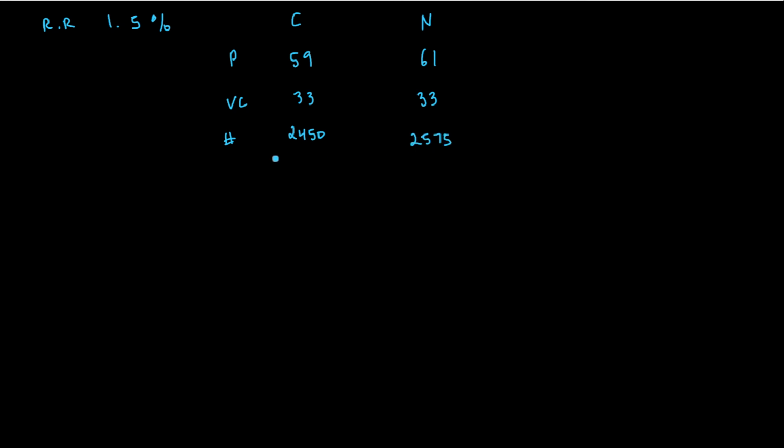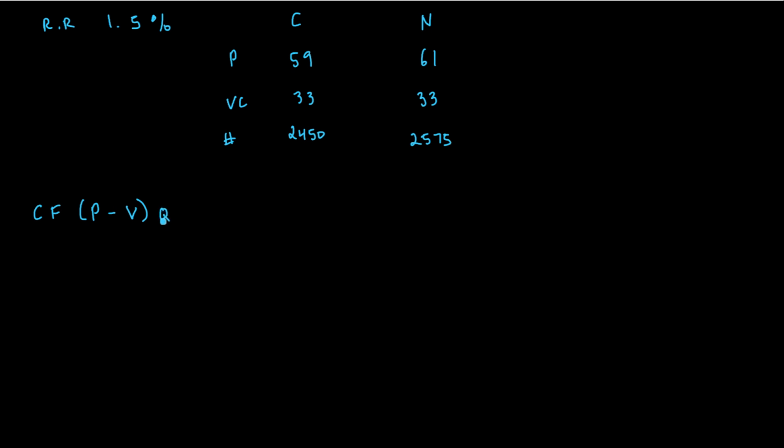So what we need to do is calculate the NPV of the decision to change the credit policy. So what we need to do is figure out the cash flow from either policy. To figure out the cash flow, we're going to take our price minus our variable cost and multiply it by our quantity.